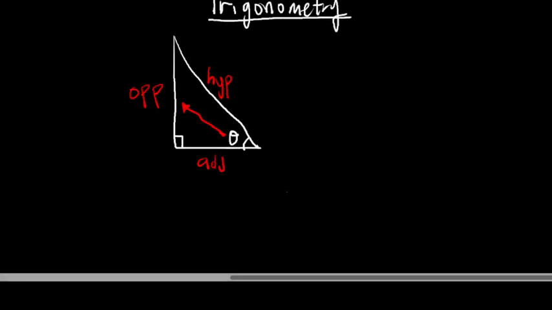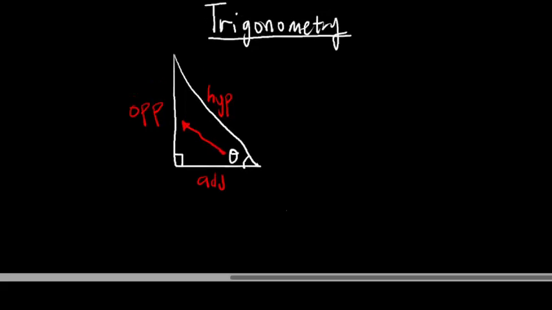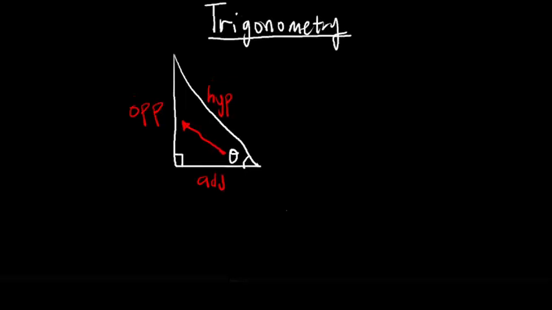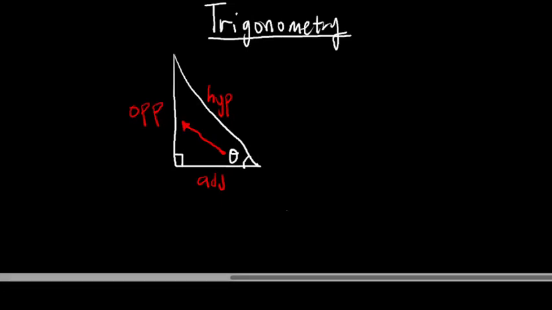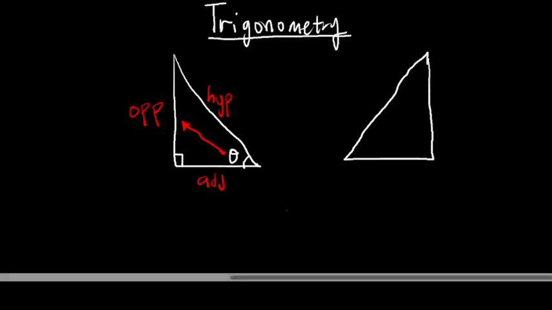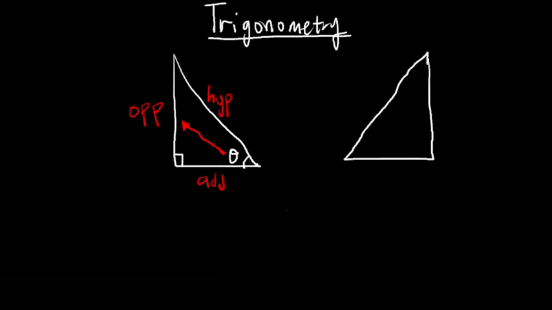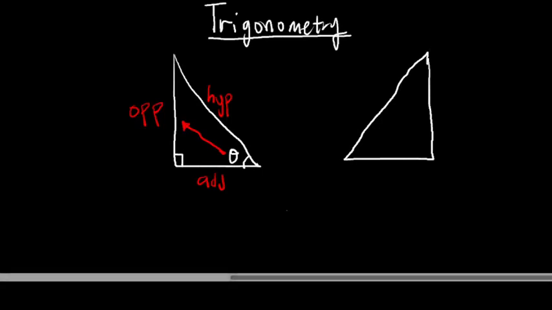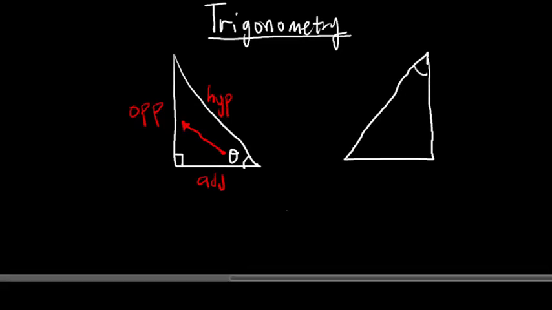So don't forget that where my angle is facing is referred to as opposite side. Now let me draw another one. You can pause the video to tell me where is my hypotenuse, where is my adjacent, and the opposite as well. Let's say I put the angle here.